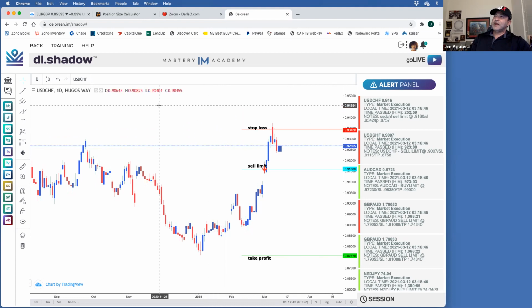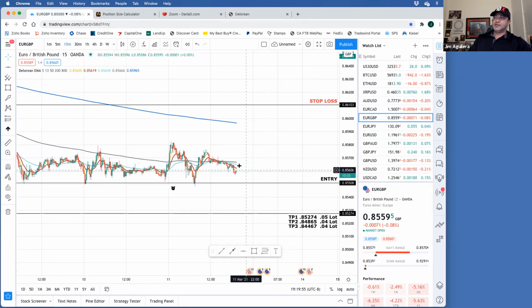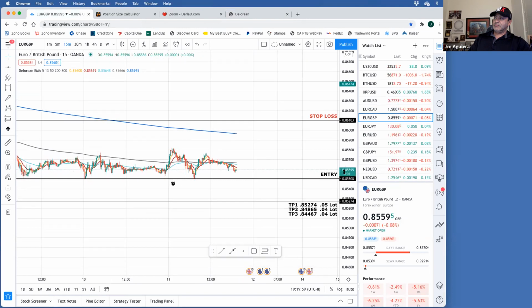Okay. I want to give you guys just a couple other examples. Sometimes, depending on what kind of trading you're following, if it's not Delorean, you might get an educator that has their chart up. This actual chart is, I got these numbers from Bryce Bowers from his boot camp.